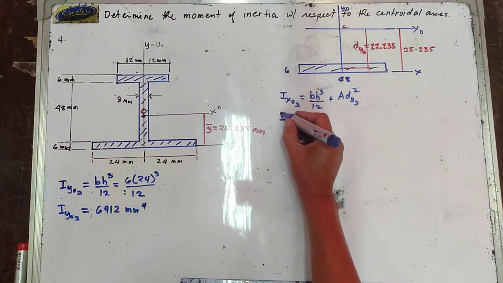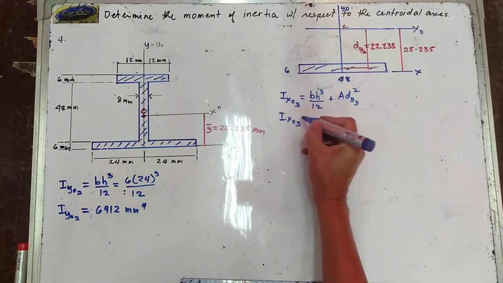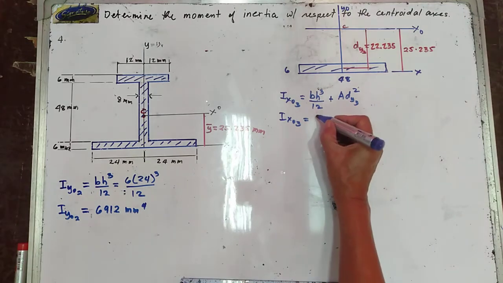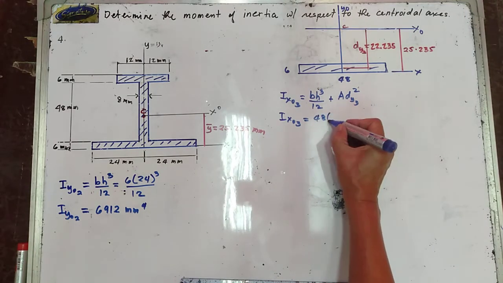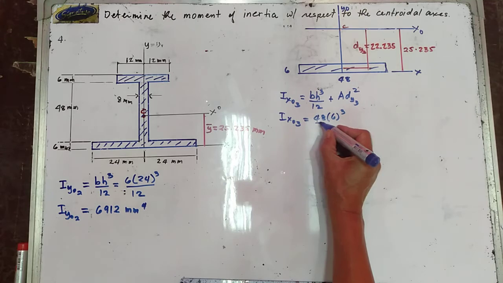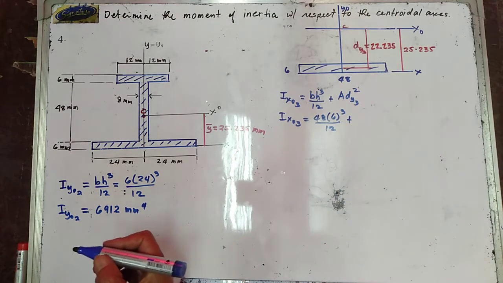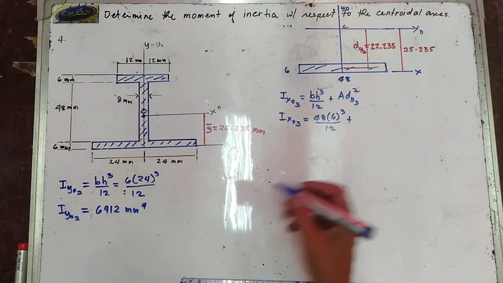So your Ixo3 is now equal to, your b in here is 48 by 6 cubed all over 12 plus the area is 288.